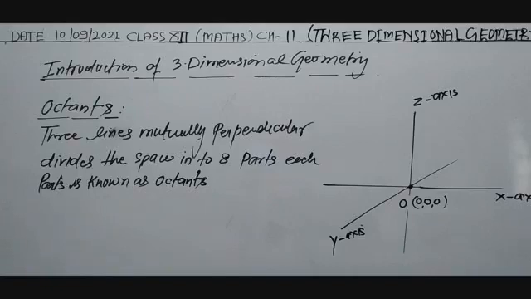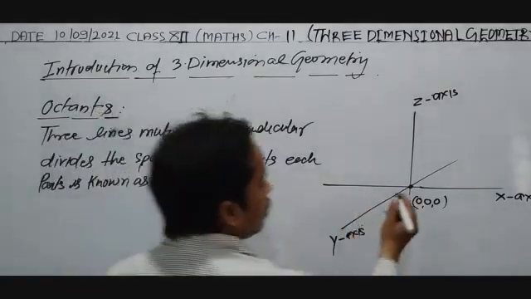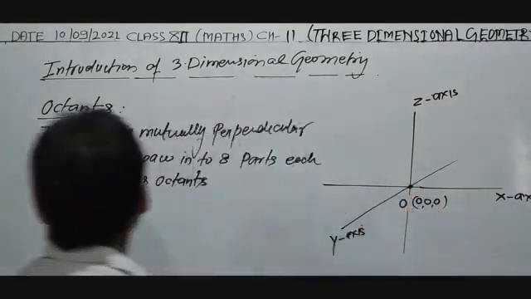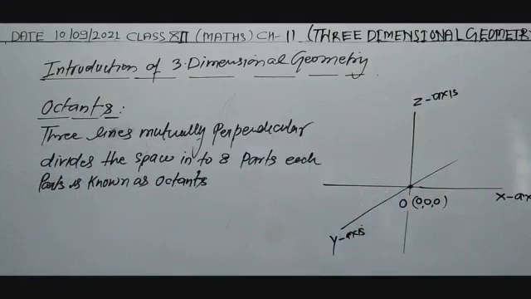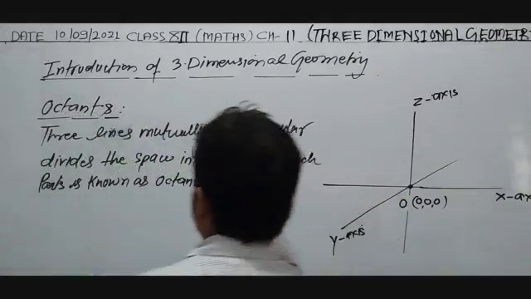Now about three-dimensional space and octants, you already know there are 8 types of octants.